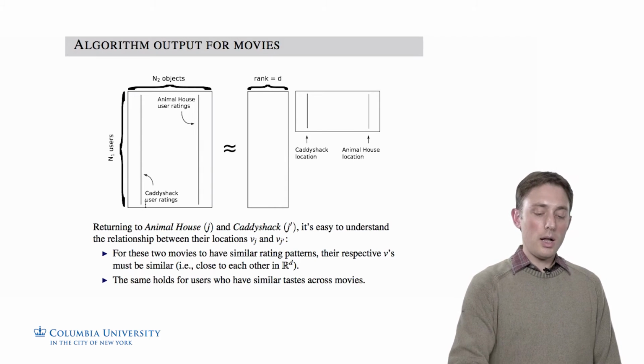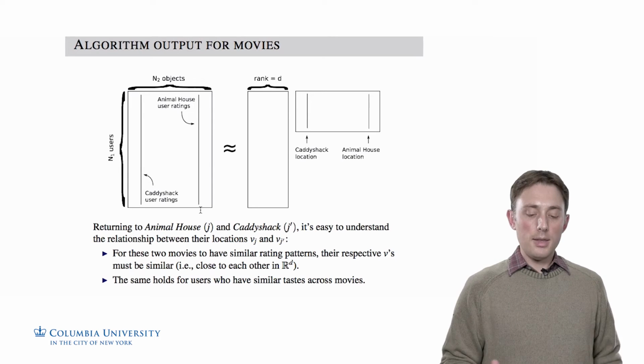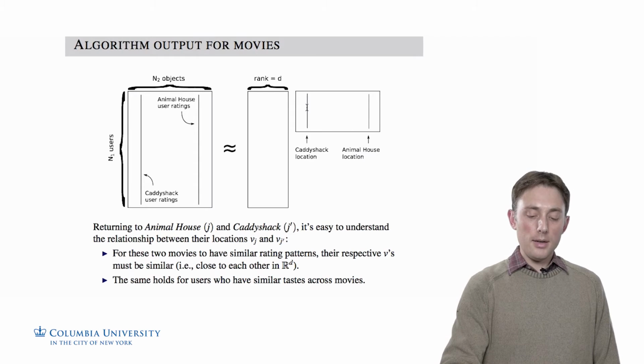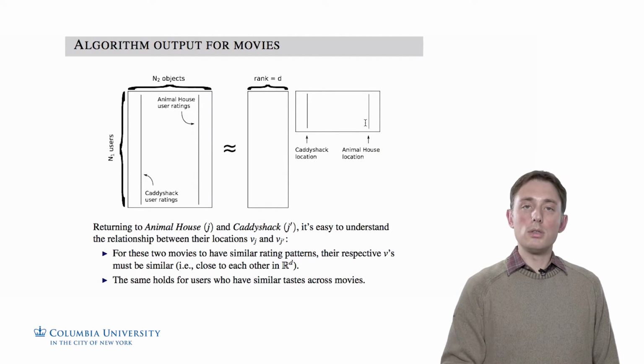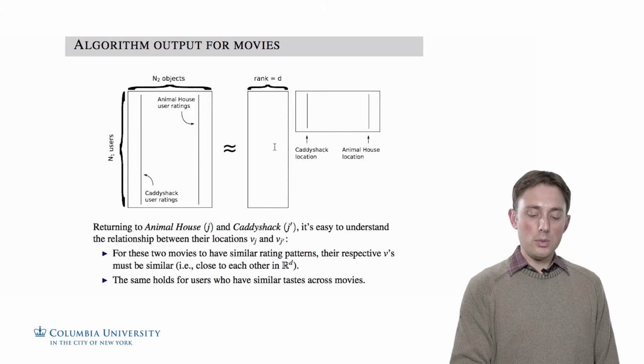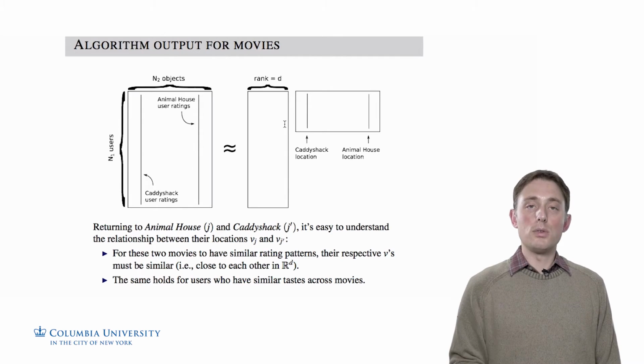So if these two columns look alike, if they are very close to each other, then that means that these two columns also have to be very close to each other, because if the values in these two columns differ significantly, then the product of this vector with this matrix will be very different from the product of this vector with this matrix.